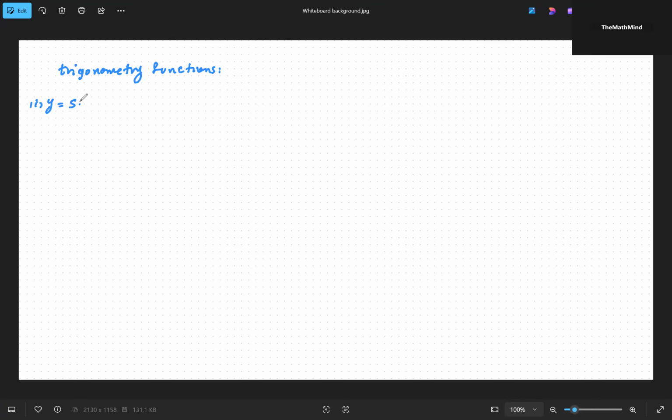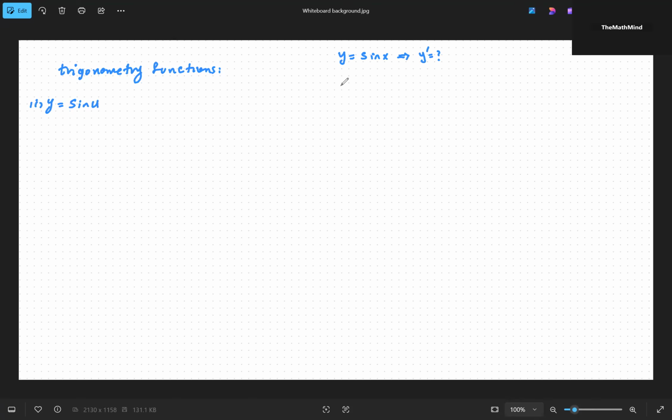I start with y equals sine u. The reason I'm using u here is because of the combination that I want to explain. But you can start with y equals sine x, and we're gonna find the derivative of this function.